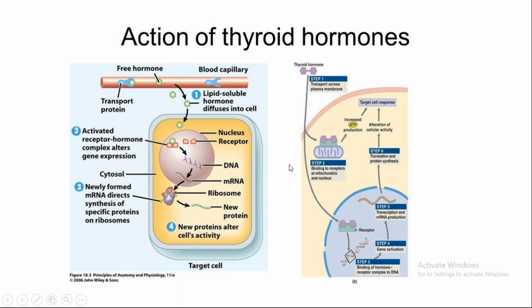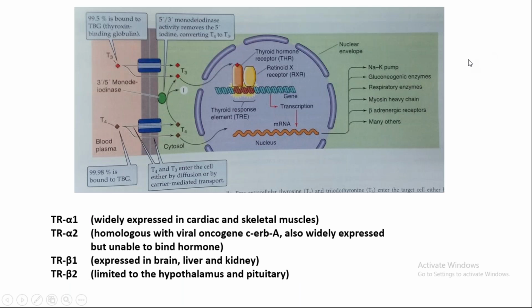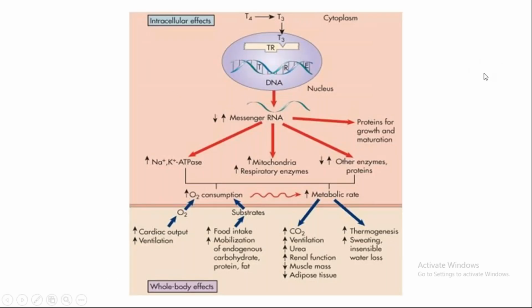Now the mechanism of action of the thyroid hormone. This is the slide which I'm going to show you. I'll explain both slides together here. What is the mechanism of action of the thyroid hormone?